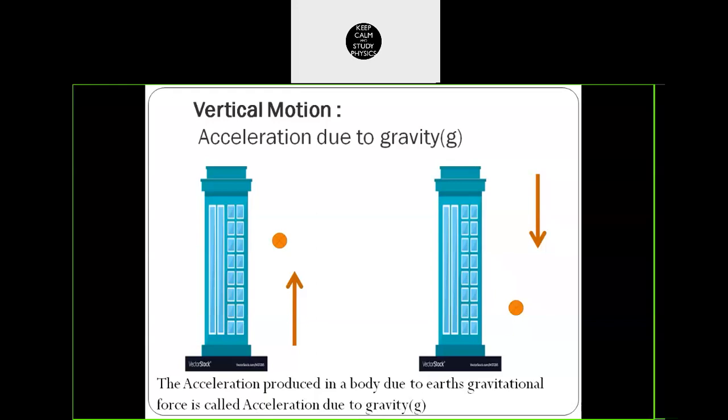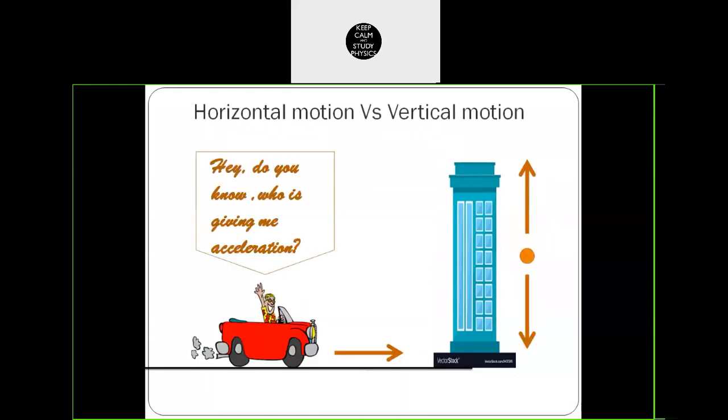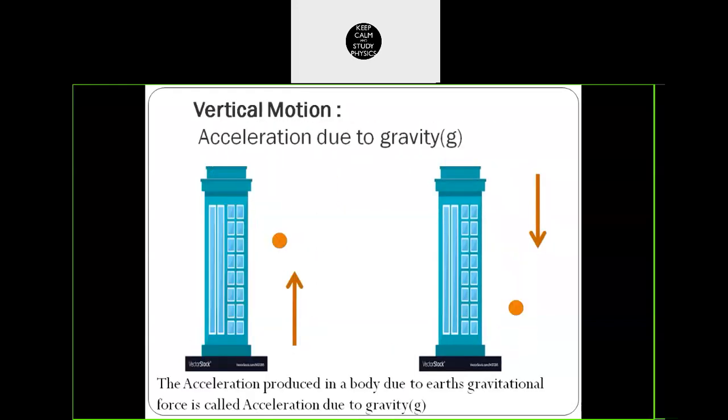If the problem mentions take g value as 10 meter per second square, then you should take that. Now you tell me, is the value of acceleration due to gravity constant? Good, I got a uniform answer. It is not a constant. Just for the sake of solving the problems only, we take it as a constant, right?